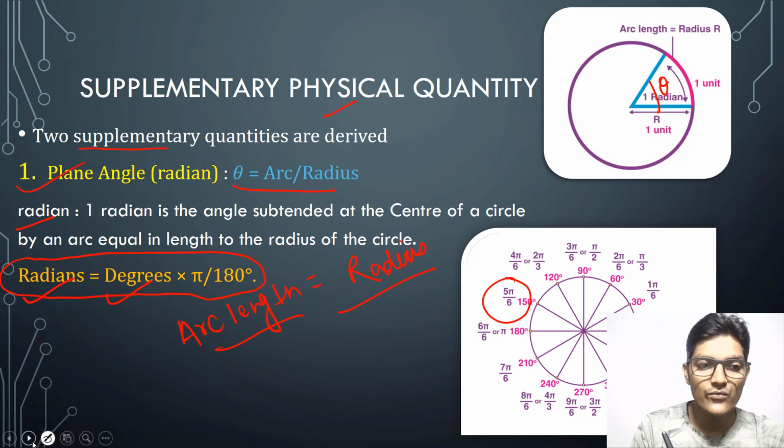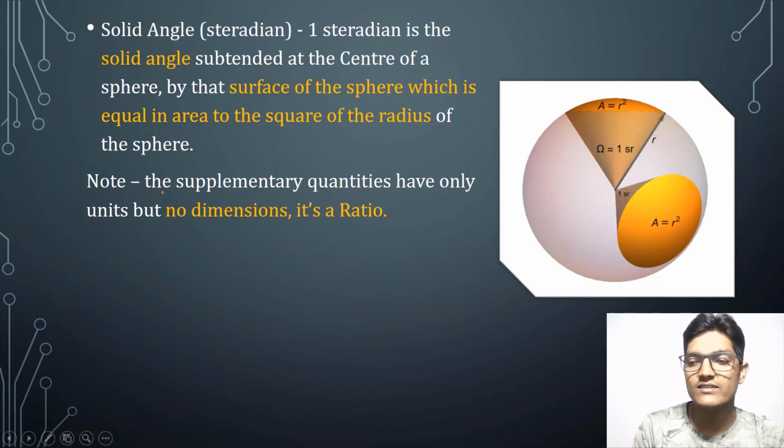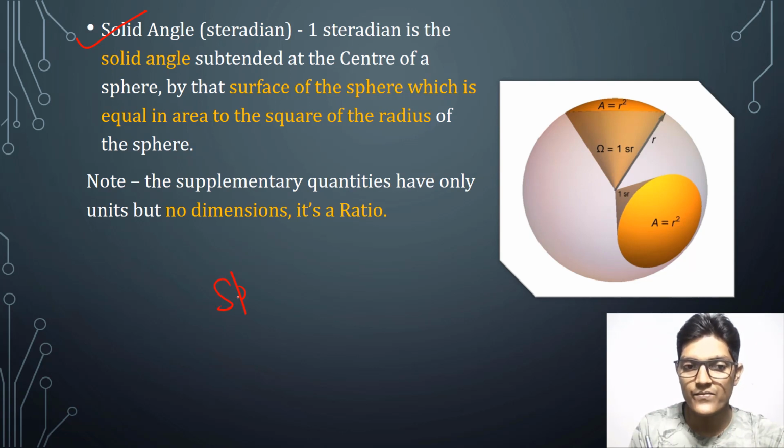Now we will discuss our second supplementary quantity, which is a solid angle. First of all, you can see we have a sphere here, and please concentrate everyone.